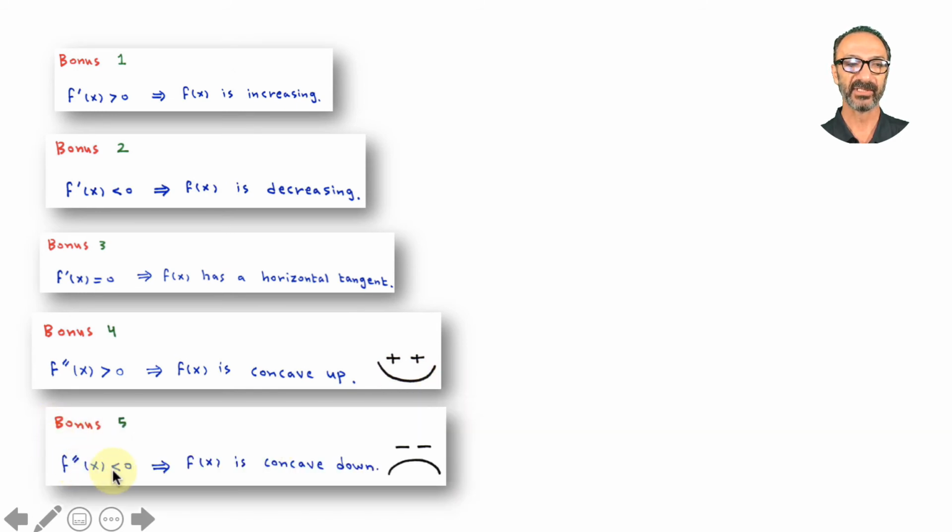If f double prime is negative, we call it concave down. I think it's not nice and it's not good to be negative. Negative is like a sad face. Positive is a happy face. Concave up, concave down. Hopefully that helps. Sometimes we do things like that to help memorize. Hopefully you like it.